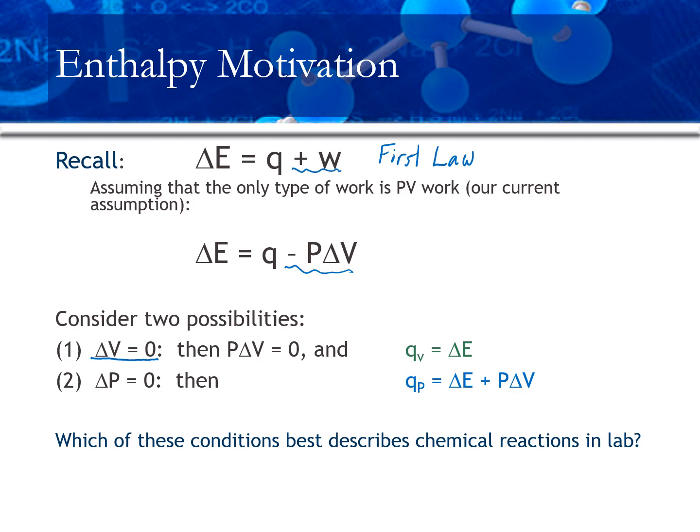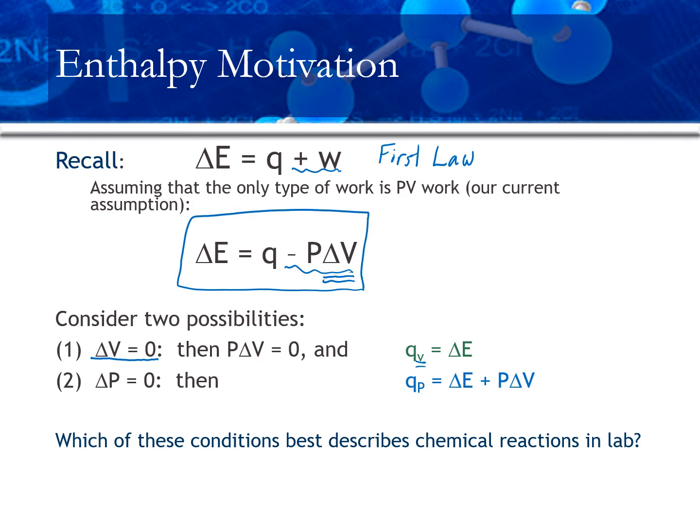If we're at constant volume, if delta V is 0, then the delta V up in this term is 0. Pressure times 0 is 0. And therefore, under constant volume conditions, that's why we have a V here as a subscript on the Q, the heat at constant volume is just equal to delta E. That comes from this equation, replacing the P delta V with 0.